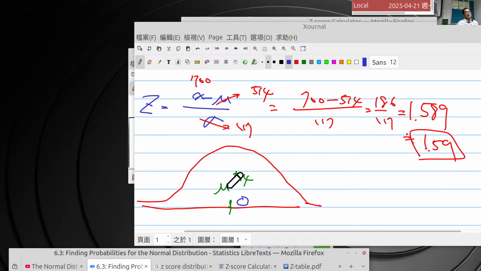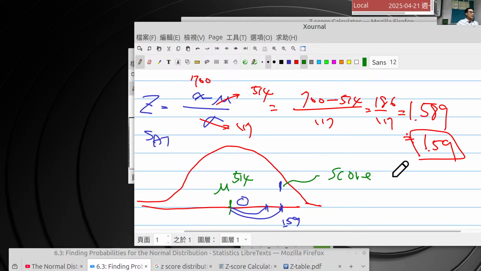The green one is the original US SAT test, and here is 1.59. And before transformation, here is the score 700.